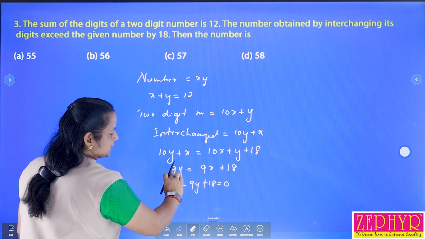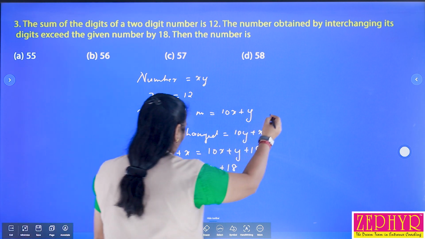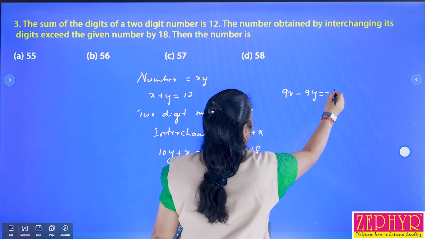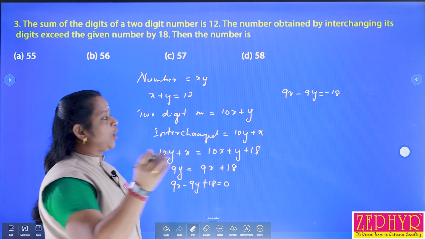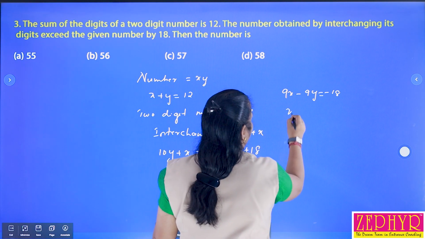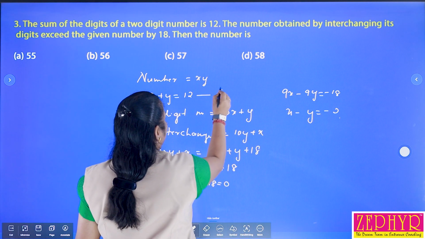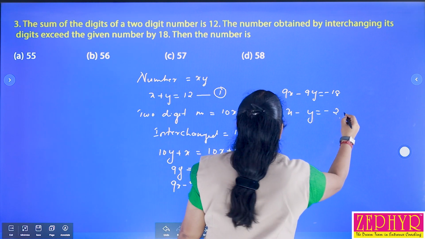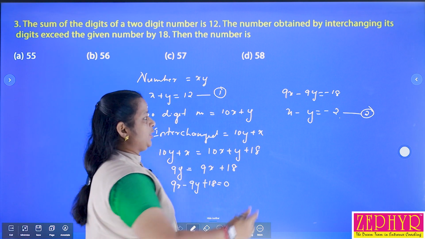So it is 9x minus 9y plus 18 is equal to 0, or 9x minus 9y equal to minus 18. We can divide this equation throughout by 9, we get x minus y is equal to minus 2. So we get two linear equations, x plus y is equal to 12 and x minus y is equal to minus 2. How can we solve these two equations?